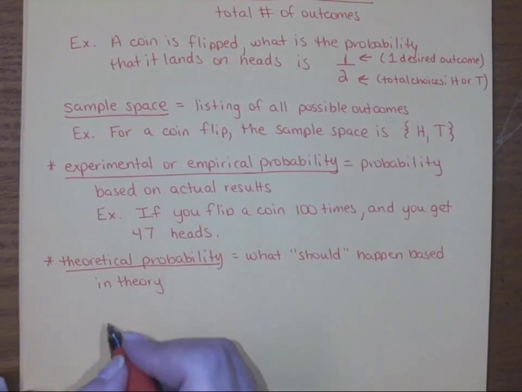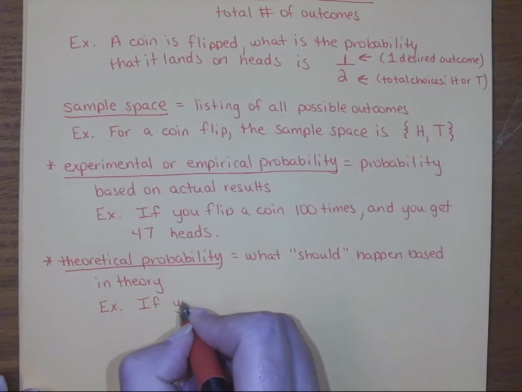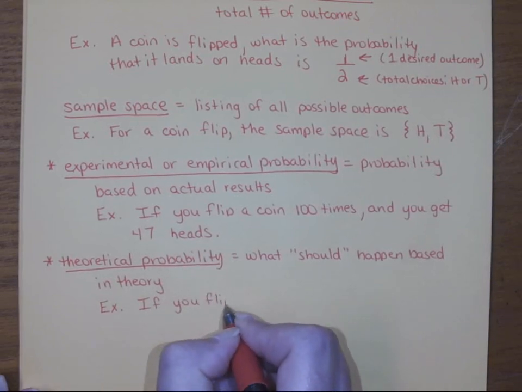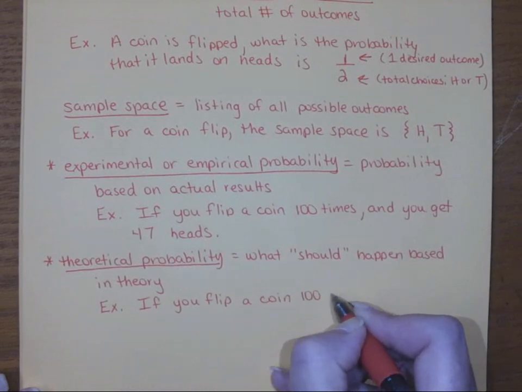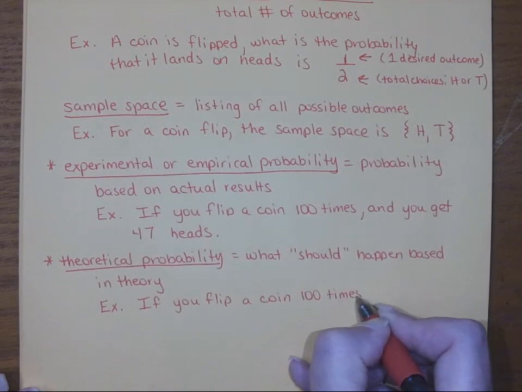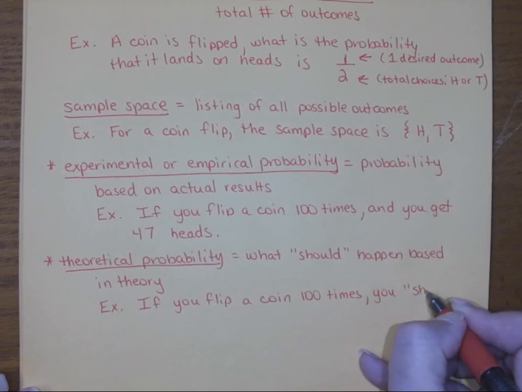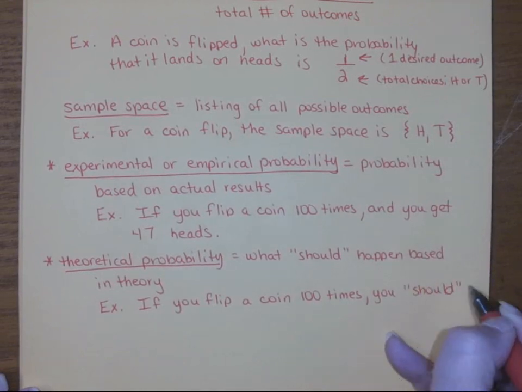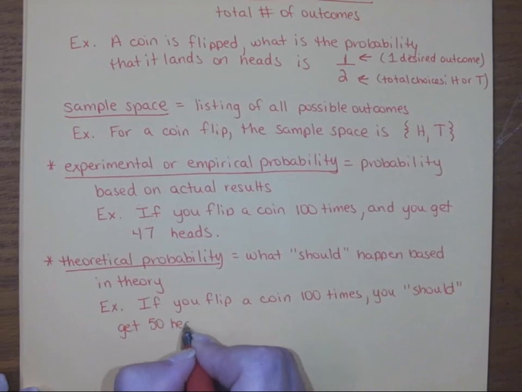Okay, so what is supposed to happen when you do a coin flip? If it's a, quote, perfect coin flip, and you flipped a coin 100 times, you should get exactly 50 heads and exactly 50 tails, right? So I'm going to say you should, and I'm air quoting should because it's not always going to happen, right? But it's just in theory what is supposed to happen.